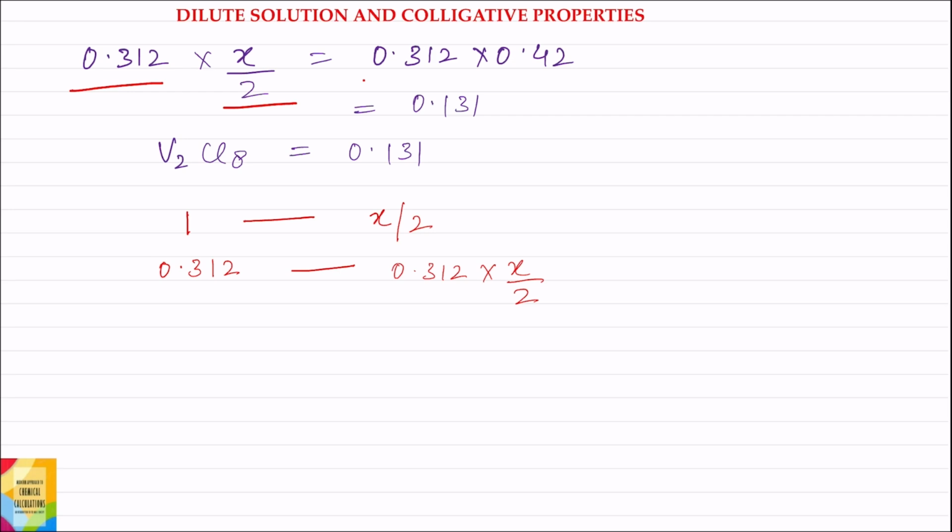This is equal to 0.312 into 0.42. अब x की वैल्यू है 0.84, so x by 2 की वैल्यू हो जाएगी 0.42. Solving, moles of V2Cl8 की वैल्यू हो गई 0.131 moles.